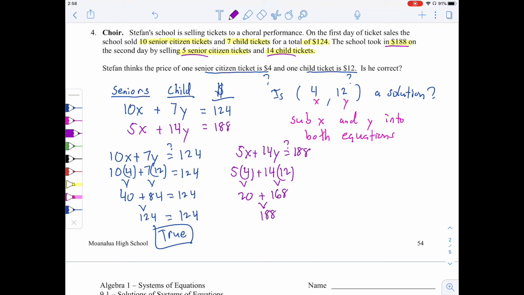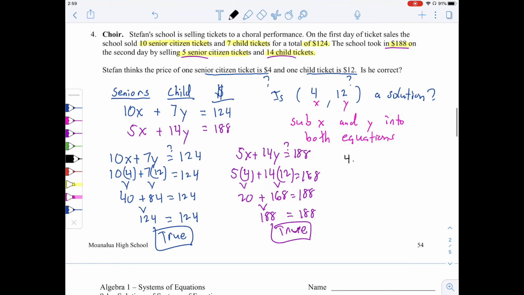Add those together, you get 188. So that is true also. That means (4, 12) is a solution. So Stefan is correct.